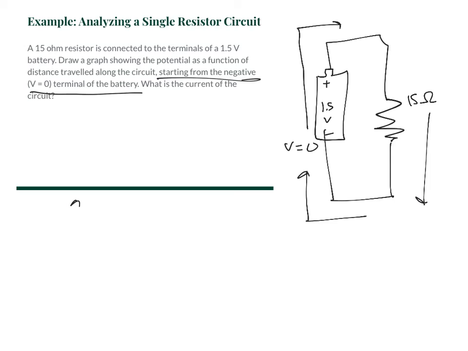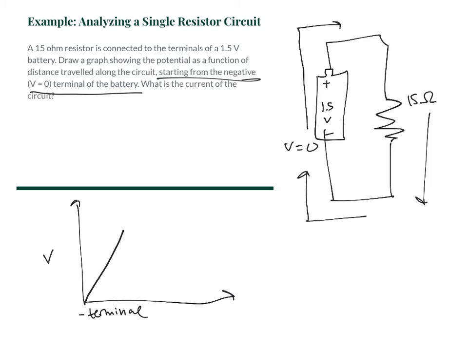So if we draw this on a graph, starting at the negative terminal, as we go from the negative to the positive terminal, the charge is gaining energy, it's gaining potential. So it goes up like this. It's like riding the escalator up that was talked about in the other video.